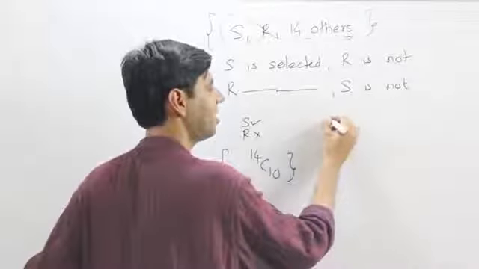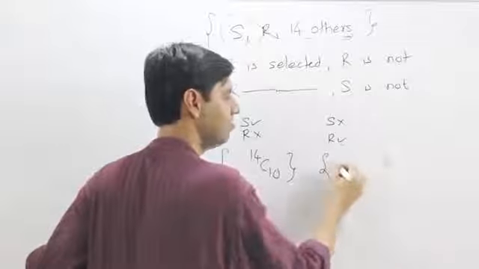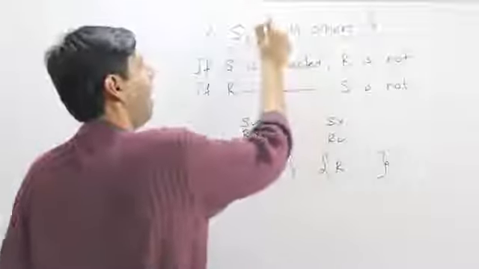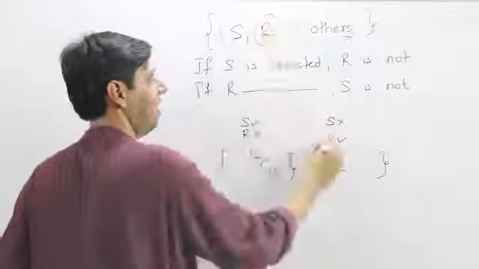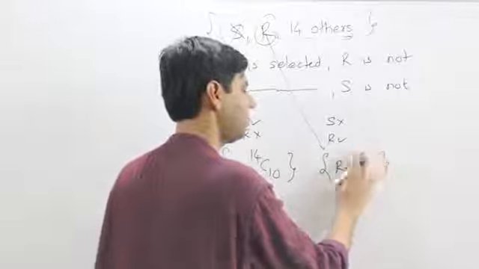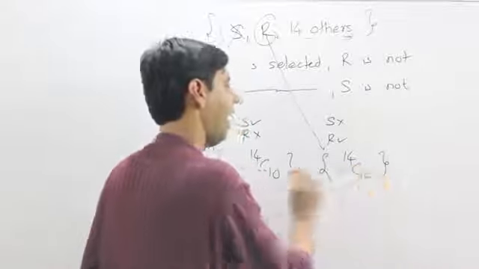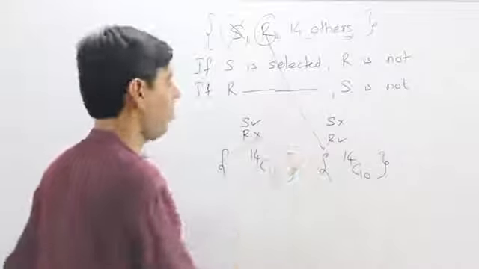Similarly, the vice versa case, Sachin is not selected, Rahul is selected. So Rahul comes into the team and Sachin cannot be selected now. Out of 14 I need 10, so it's going to be the same as 14C10. And it could either be the first case or the second case.